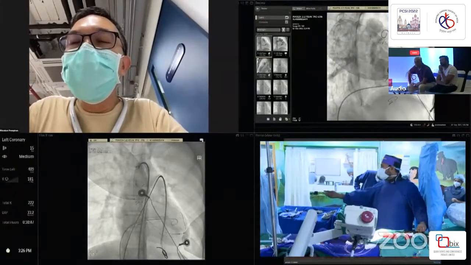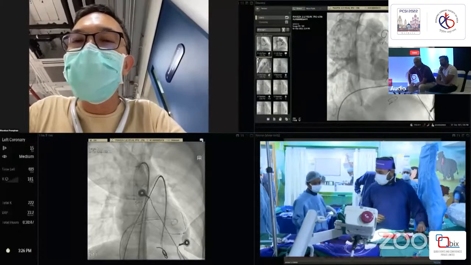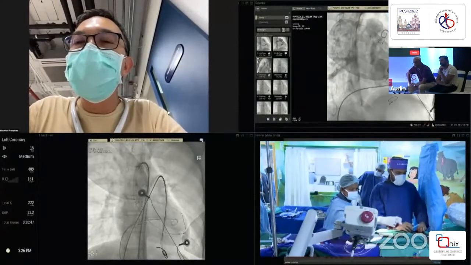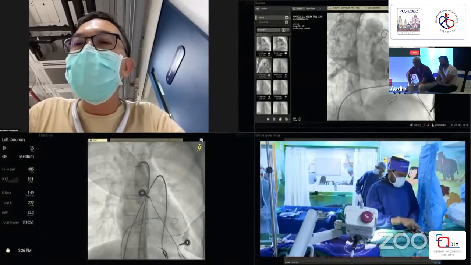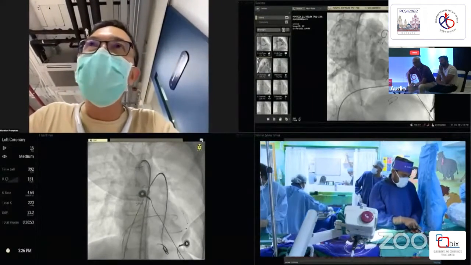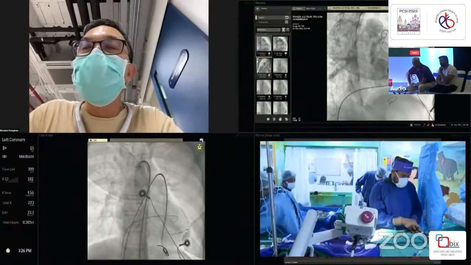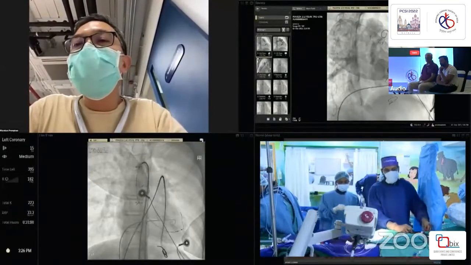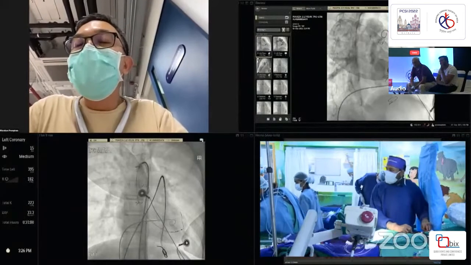I normally will not do pacing while interrogating this area, and the reason is because I try to make sure that I do not reduce the expansibility of that area. So that's my practice. But anyhow, you see the waist. And that waist is quite good because that would be the landing zone.